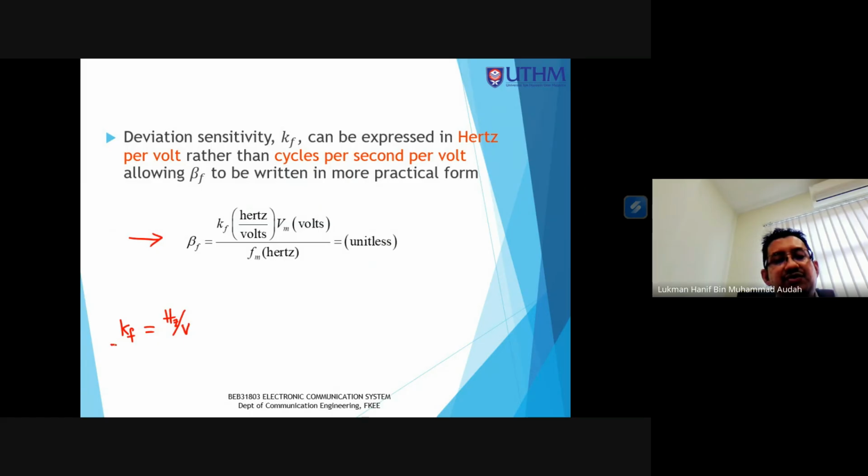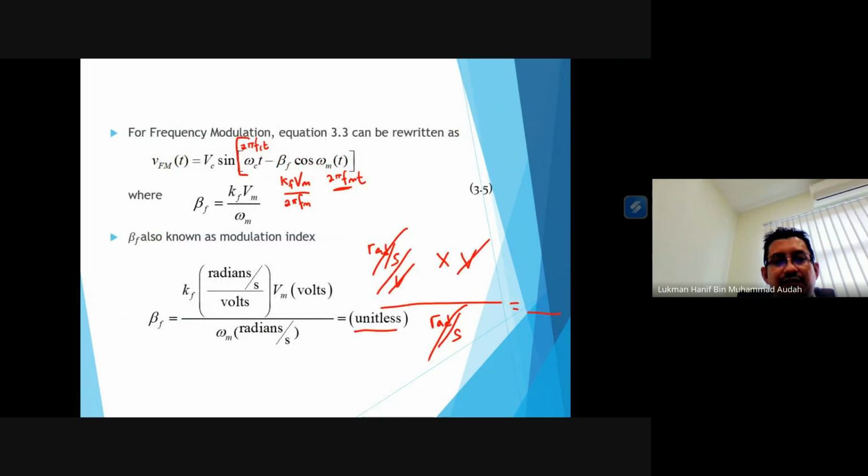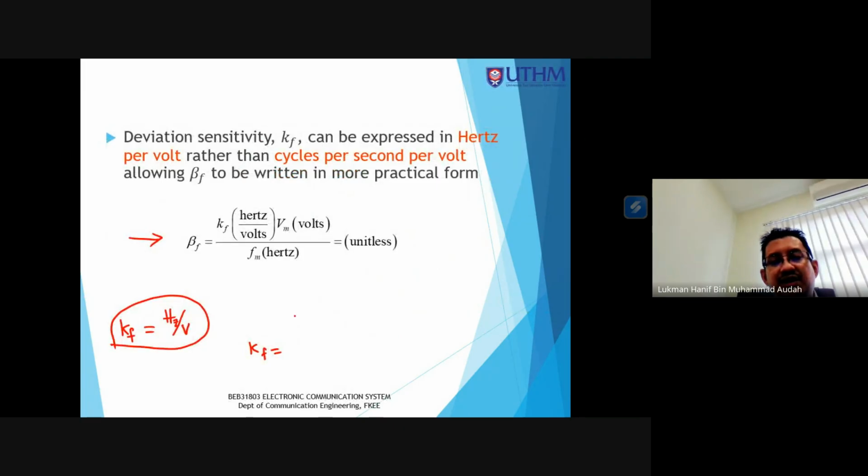It depends on this. Previously Kf was in radians per volt, or radians per second per volt. If you are given it in terms of hertz per volt, then you can use the second equation.